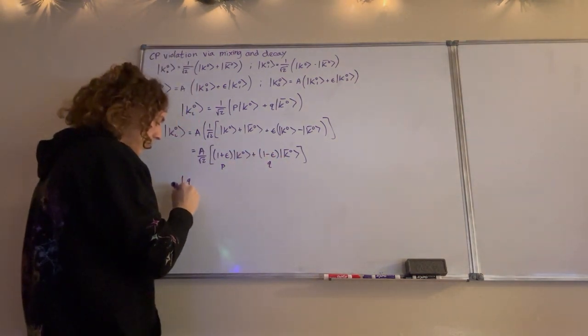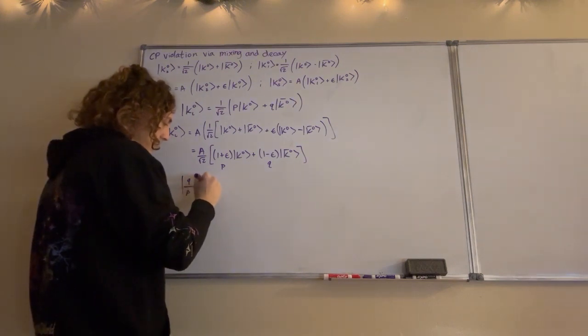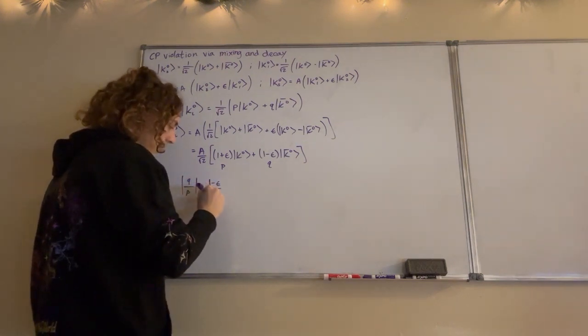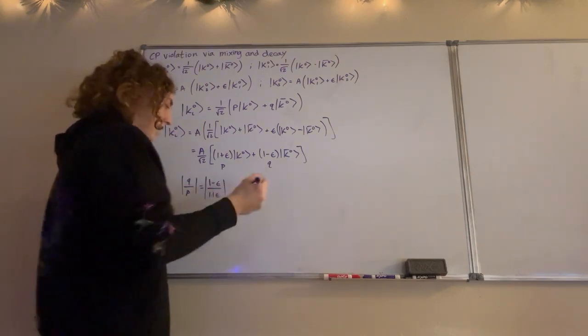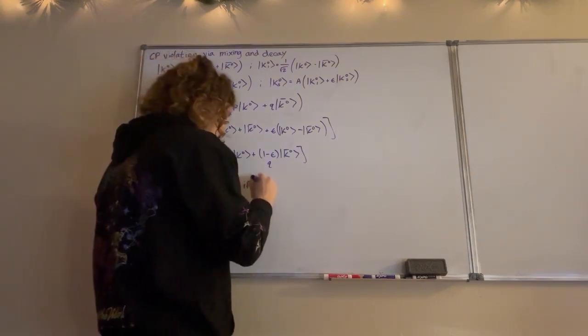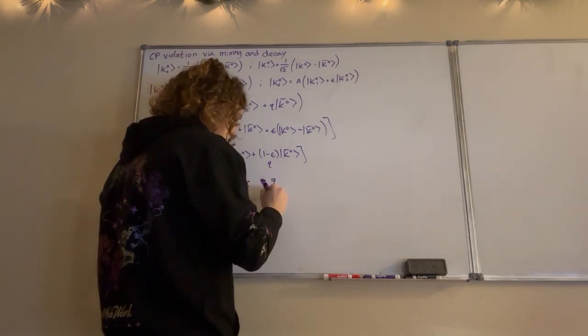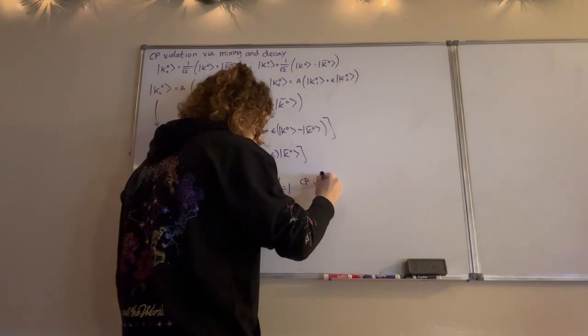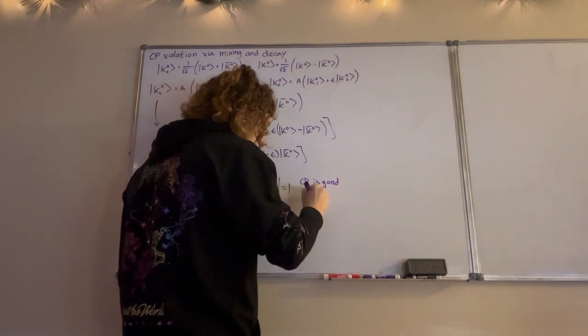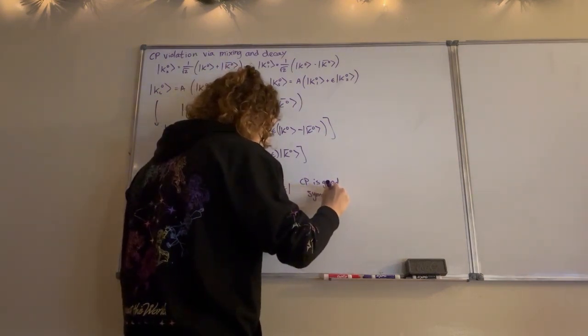So I'm going to write it as one condition. We can just write Q over P is equal to 1 minus epsilon over 1 plus epsilon, right? So then basically the condition is if Q over P is equal to 1, CP is a good symmetry, right?